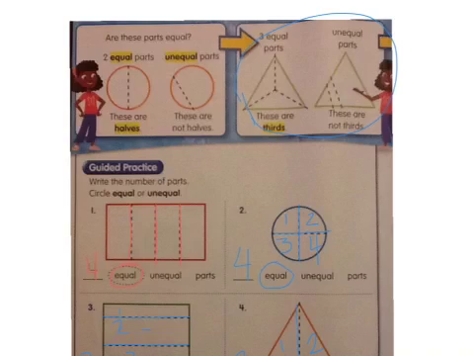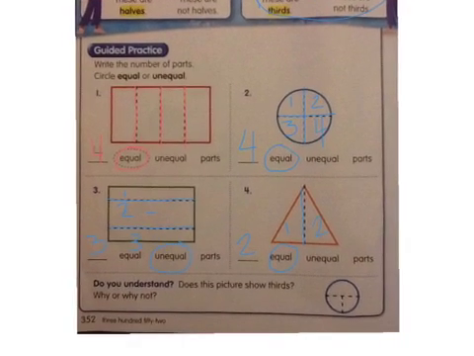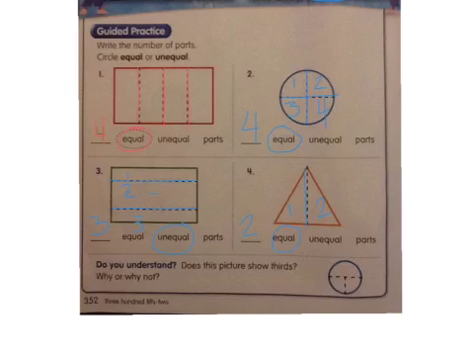They are showing you here in this picture, where I'm drawing on, 3 equal parts, which would be thirds. But then when you look at the next triangle over here, they drew 2 lines there. There are 3 parts, but are they equal? Doesn't look like it to me. They are not equal.